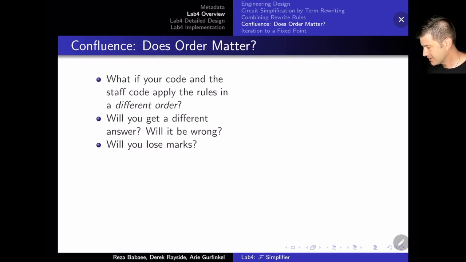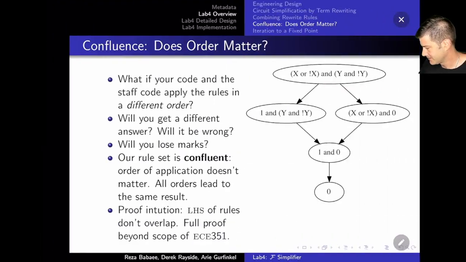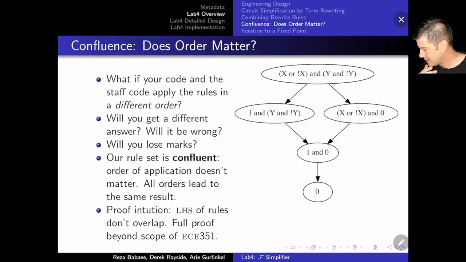That's not by chance. That's by design. Again, it's a property of the rewrite rules that we pick. The property is called confluence, that guarantees that the order of application does not matter. Okay? And again, this is not by chance. This is something that we have to show.